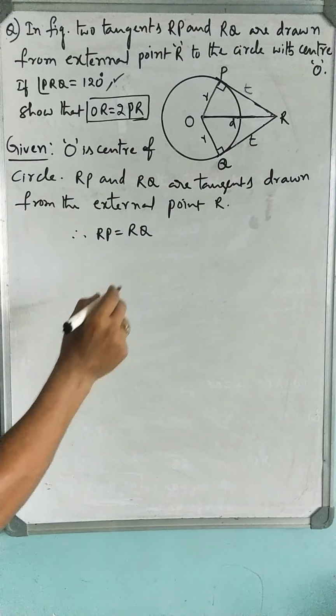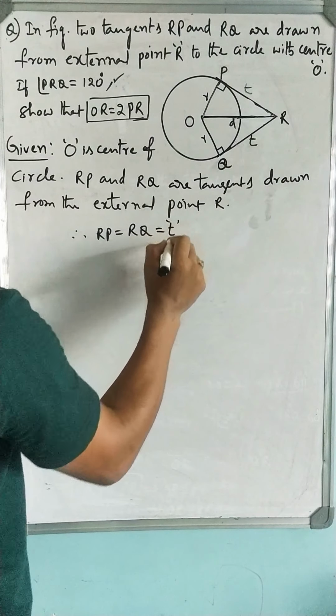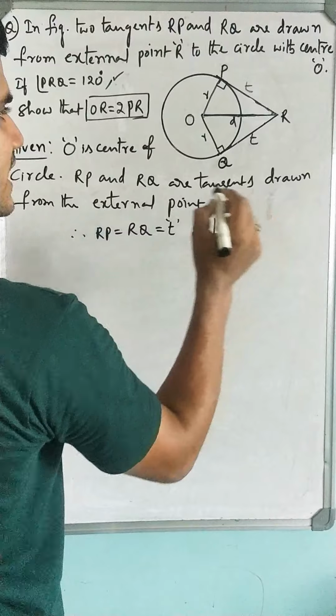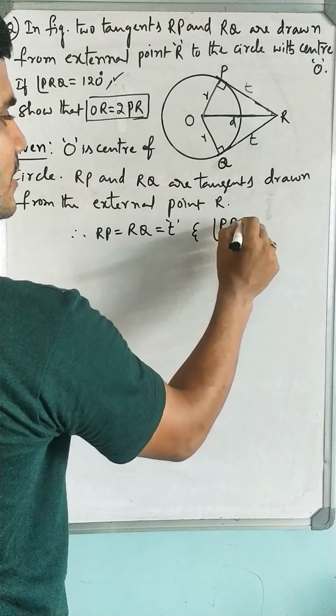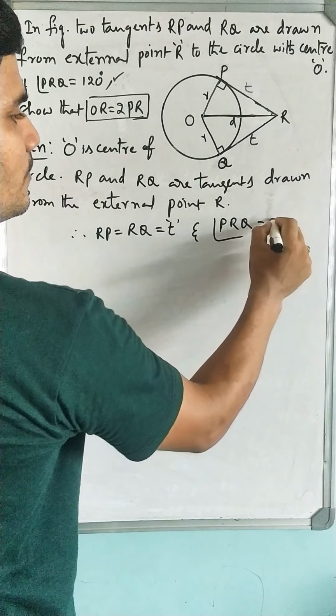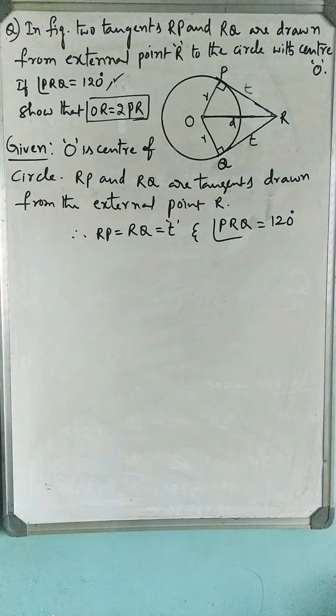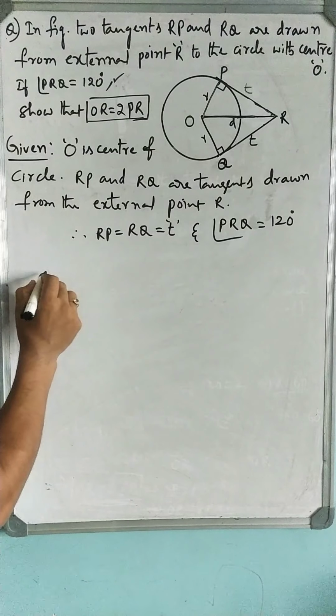They are equal. I have taken as some T. And one more thing, the angle between the tangents, angle PRQ is equal to 120 degrees. This is your given.